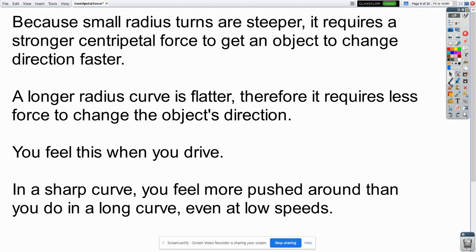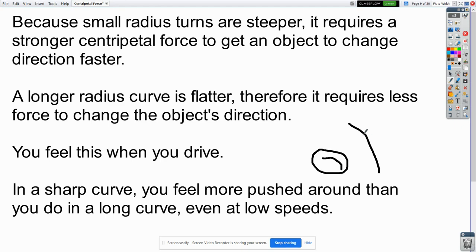So for example, if we had to make a turn like this versus a turn like this, you're going to feel it a lot more here. You're going to feel your body being pushed around more because that turn is steeper. What you're feeling is the centripetal force. In that sharp curve, it takes more centripetal force to change your body's motion, and you just feel that.